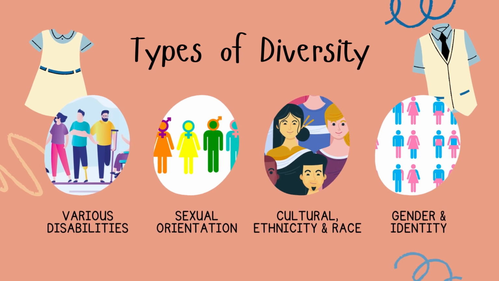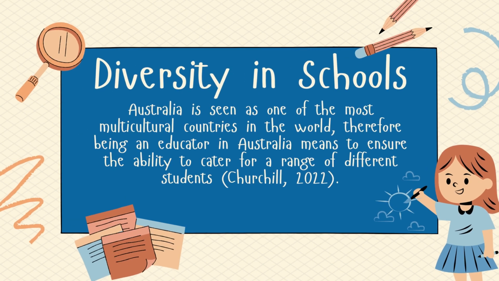This slide highlights some of the main categories of diversity, including various disabilities, sexual orientation, culture, ethnicity, and race, as well as gender and identity. Australia is seen as one of the most multicultural countries in the world.